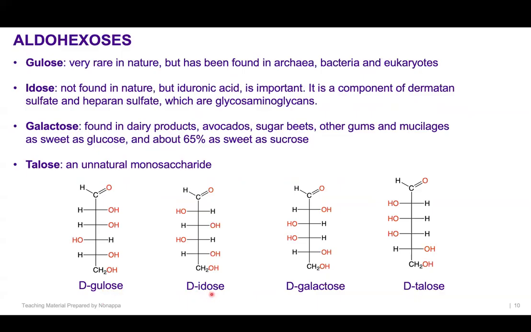Idose is an exception, not found in nature, but if you oxidize it, you get iduronic acid, which is an important component in dermatan sulfate and heparan sulfate, which are glycosaminoglycans. Heparan sulfate is important in many processes, including blood clotting.